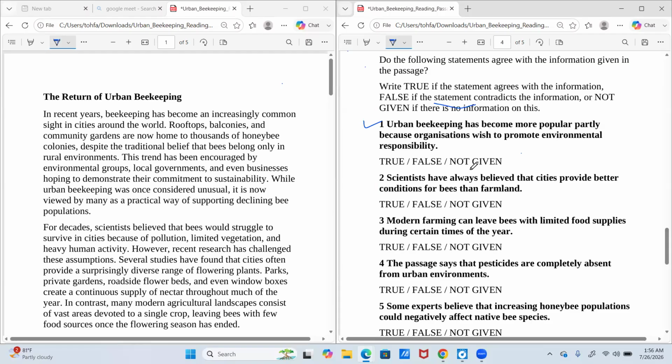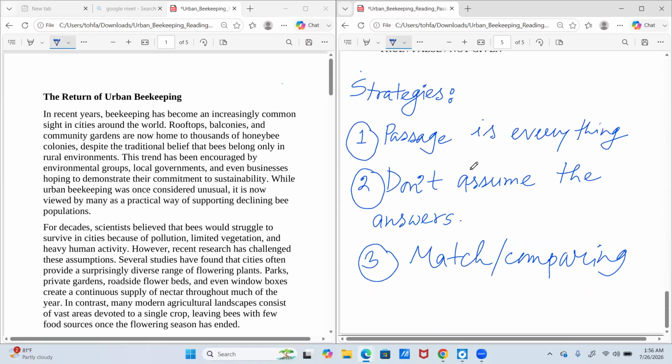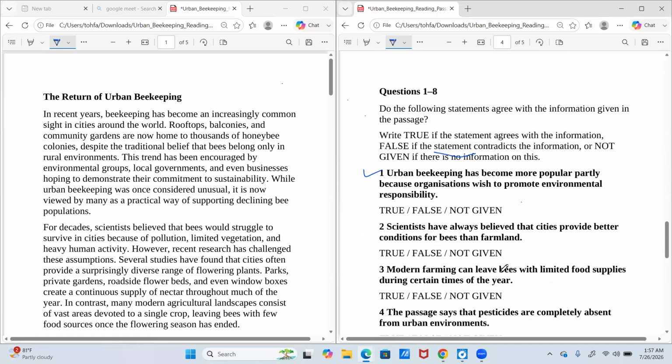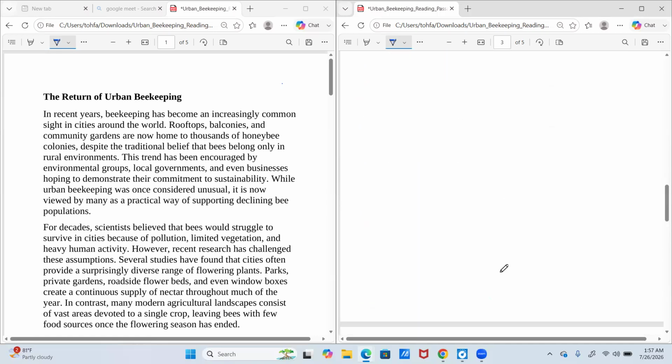So we will be comparing them side by side. Our task is to compare the statements with our passage.